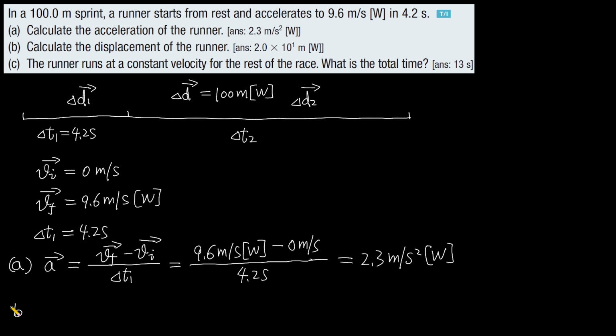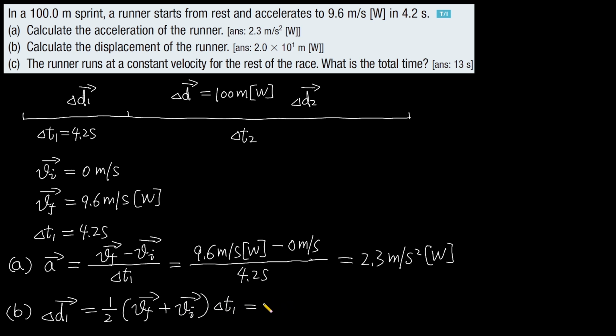And B, it asks for the displacement of the accelerating stage. So it is delta d1. Delta d1 equals 1 over 2 multiplied by the final velocity plus initial velocity, multiplied by the time interval 1.